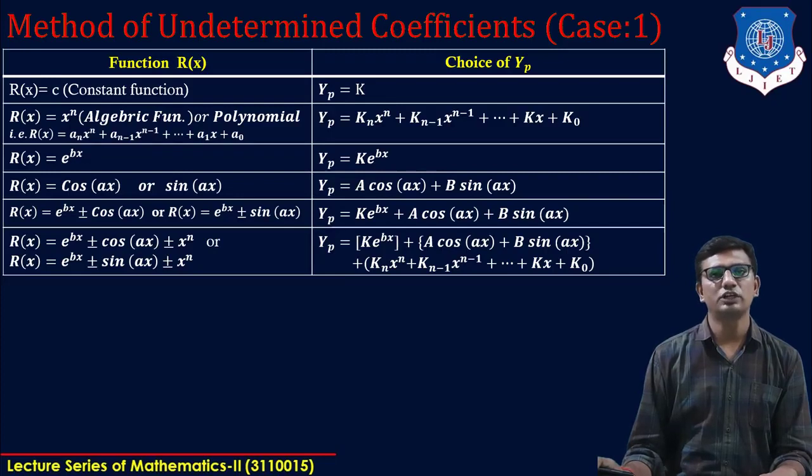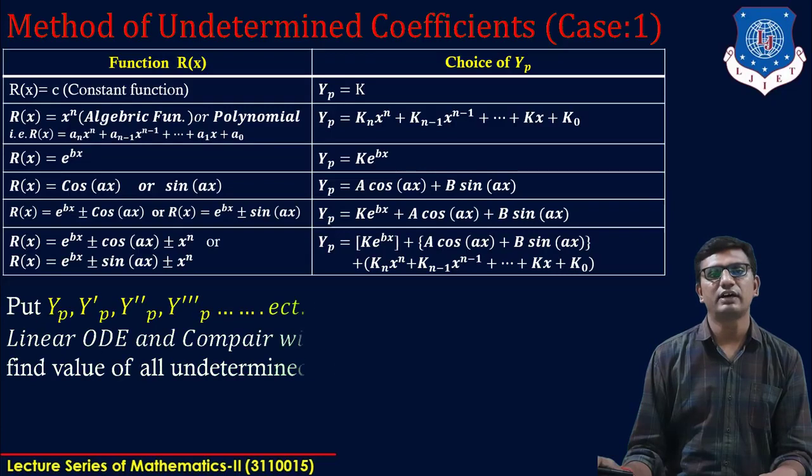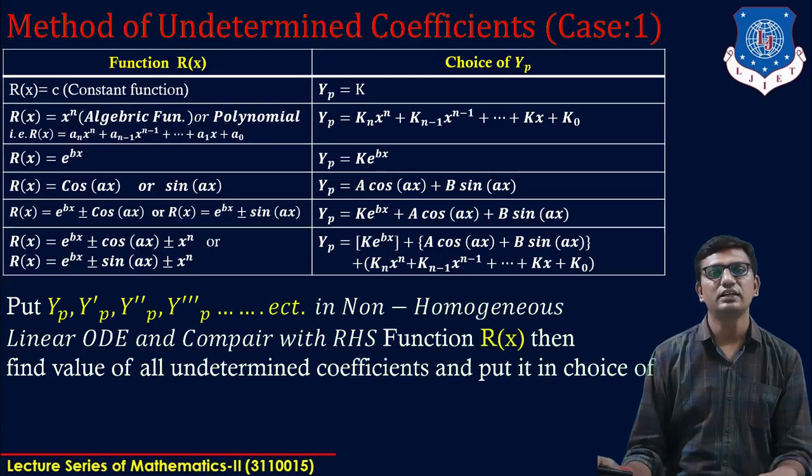Here, this type of choice of yp is only applicable when any part of r(x) does not belong to the basis of yc. That means it is not matched with the basis of yc. Now we will find yp, yp dash, yp double dash, yp triple dash and put them in the non-homogeneous differential equation and compare with the right hand side function r(x) and find the values of the undetermined coefficients which are given in the right hand side of the table.